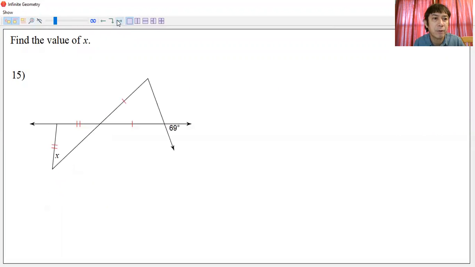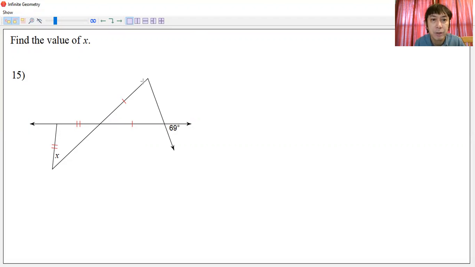Next, we have number 15. Consider this diagram, and we shall consider some assumptions. This side here is equal to this side, and this side and this side are marked with two ticks, and that means these two sides are equal.